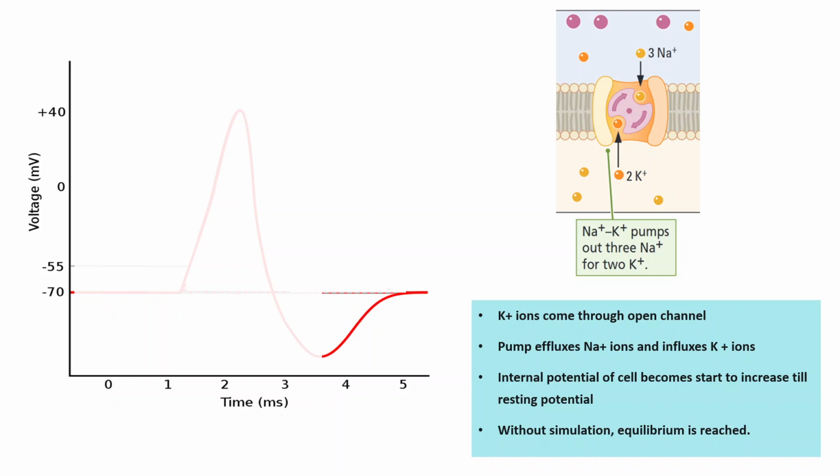And also over time, the gates of potassium ions open up because there is a lower concentration of potassium ions. So the cell becomes more negative and starts to attract potassium ions again. So it starts to become more positive, until the equilibrium is reached and the cell has again achieved its resting potential. So yeah, that's what happens. That's the whole cycle of action potential across the neuron in terms of ions. Cool.